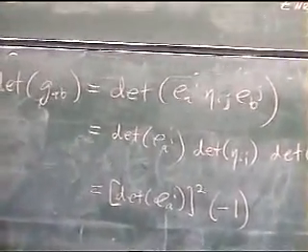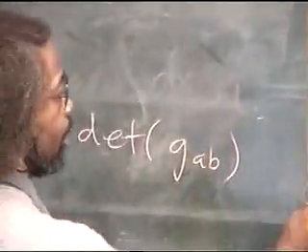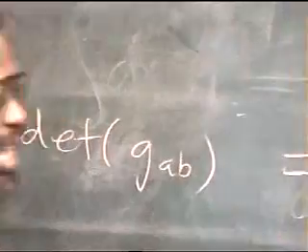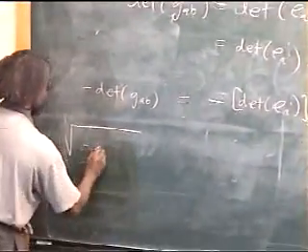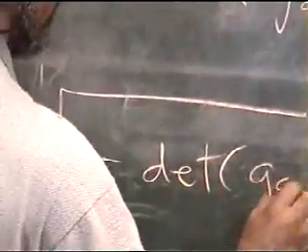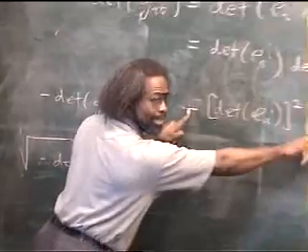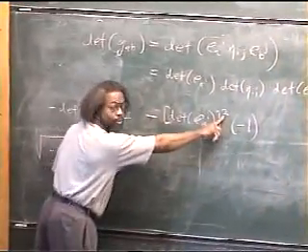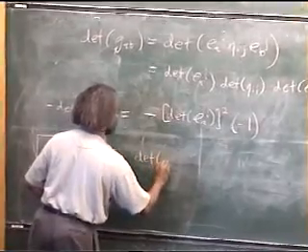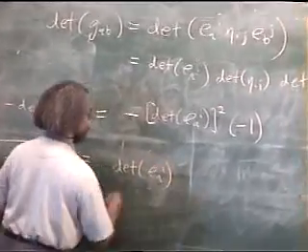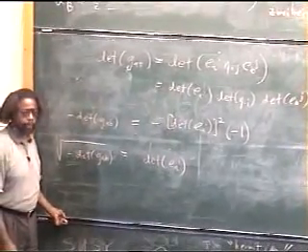And now we see that minus the determinant of g_ab must be equal to minus this. The square root of minus the determinant of g_ab must be, well, this minus sign cancels that minus sign, and the square root cancels the square here, and all we're left with is the determinant of e_a^i. So everybody okay with that?